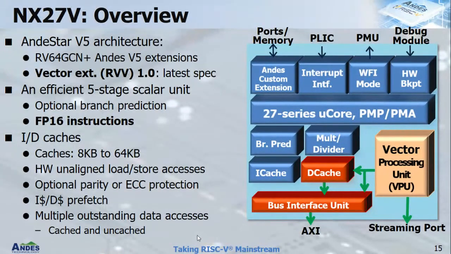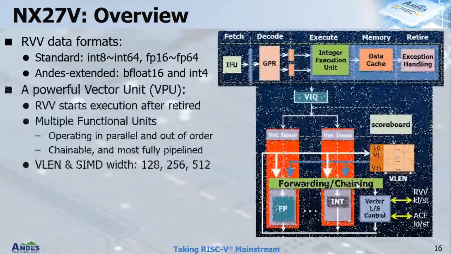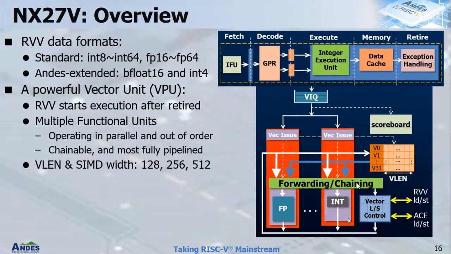Last but not least, I want to give you a brief overview of our NX27, which is our vector processor. It is based on the 27 series, which is a 5-stage core, but here we have additionally added the vector processing unit. Let me jump to the next picture, where we have a more detailed overview.